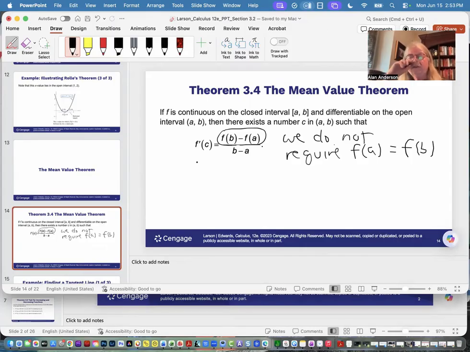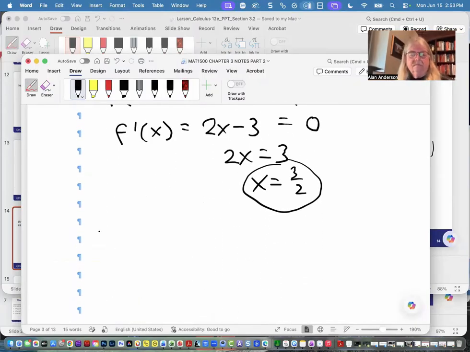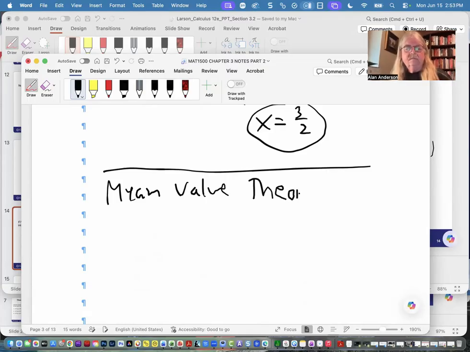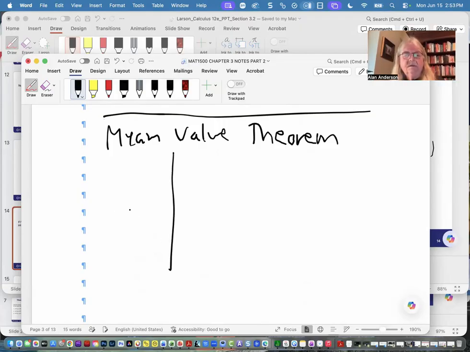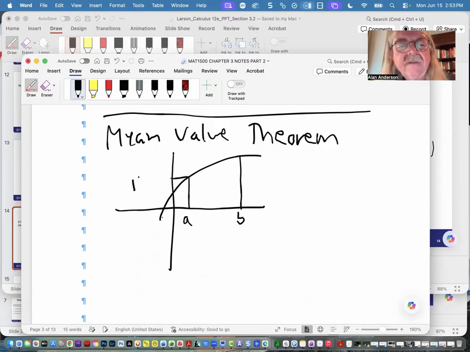Okay, so now this one takes a little thinking to understand what they're trying to tell us. So let's think about this for a minute. So let's just pick a function. And here's a and here's b, f of a, f of b.